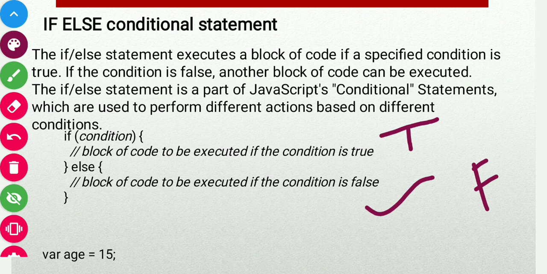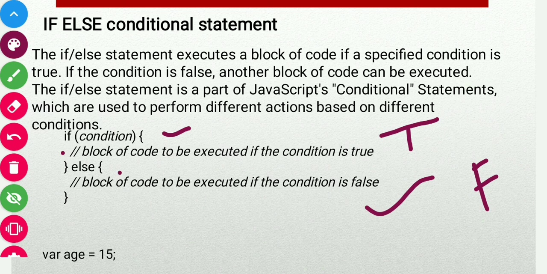So the if else statement is a part of JavaScript's conditional statements, which are used to perform different actions based on different conditions. Here you can see that the curly brackets specify the body of the if else construct. This curly bracket starts from here and ends here. That means the if part is going to execute.